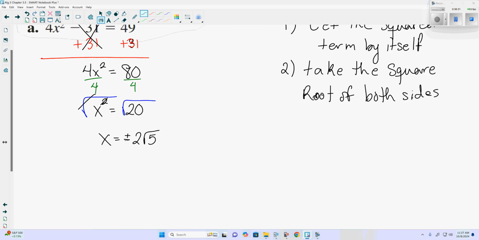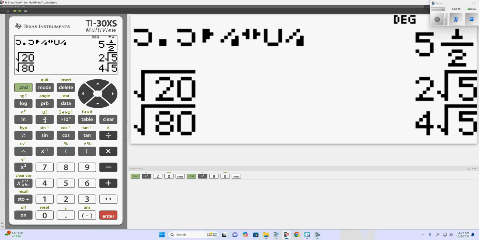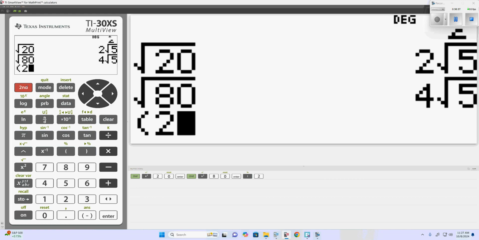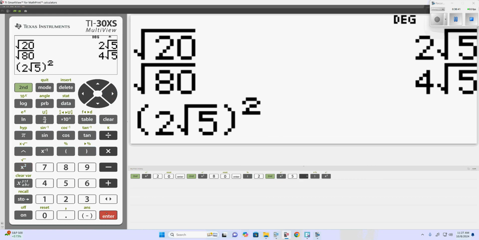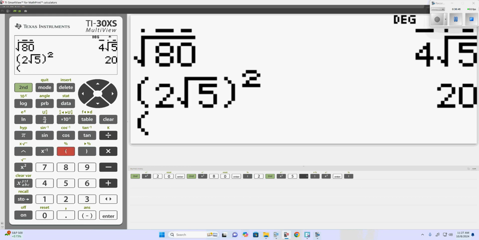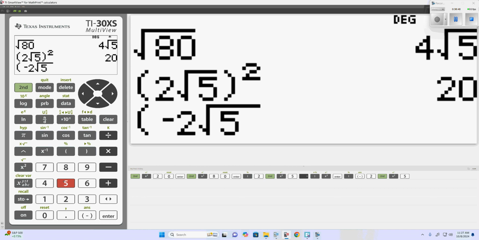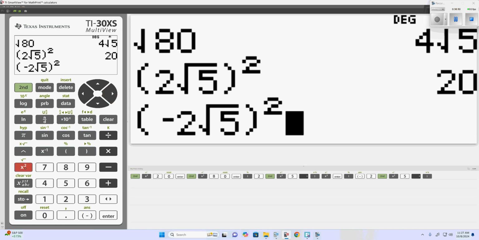It could be negative or positive. Because, and we can look at this in the calculator, 2 square root of 5 squared is indeed 20. Negative 2 square root of 5 squared is also 20 because we're multiplying it by itself. And when we multiply a negative by a negative, it makes a positive.